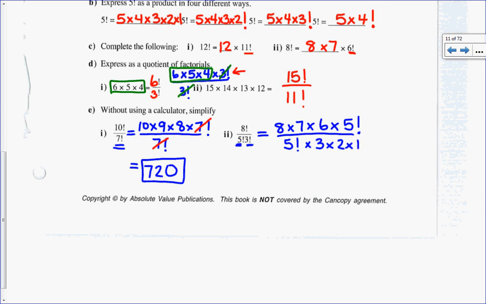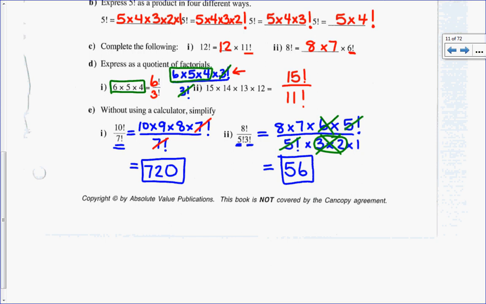So what's going to happen here is this 5 factorial cancels this 5 factorial, and then I have, oh, look at this, 3 times 2, that's going to cancel this 6, right? So really all I'm left with on the top is 8 times 7, and on the bottom I've got over 1. So I've got 56 over 1, which is just 56.